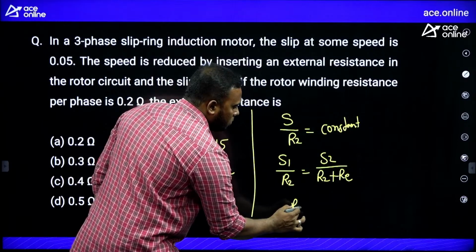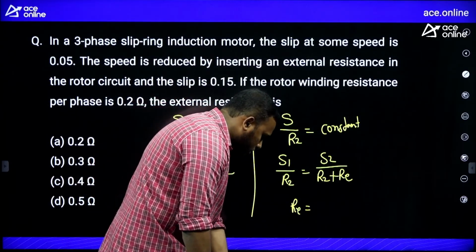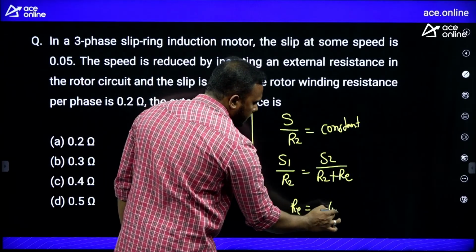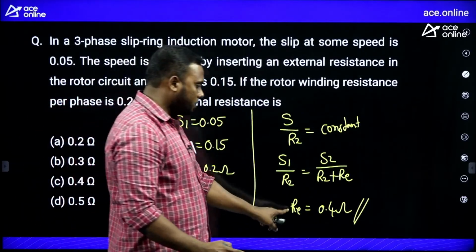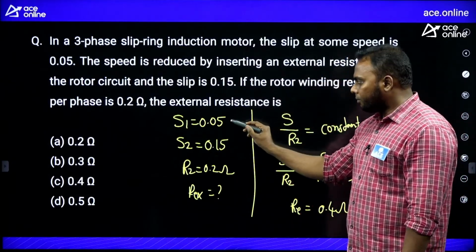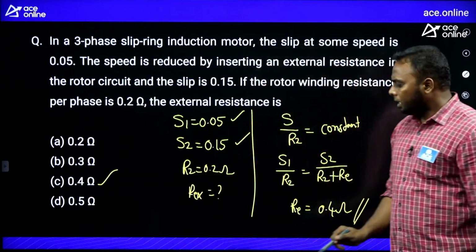So from this, find RE. Calculate that, it is coming 0.4 ohms. Check it by substituting the values. Finally, the external rotor resistance we need to add is 0.4 ohm in order to increase the slip from 0.05 to 0.15.